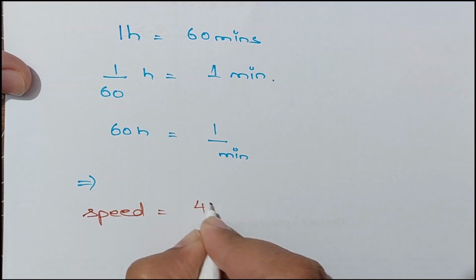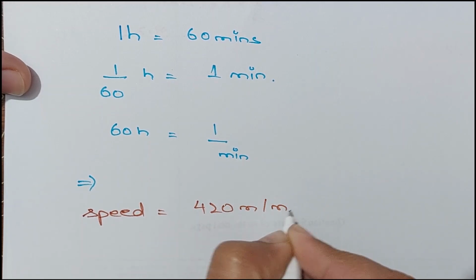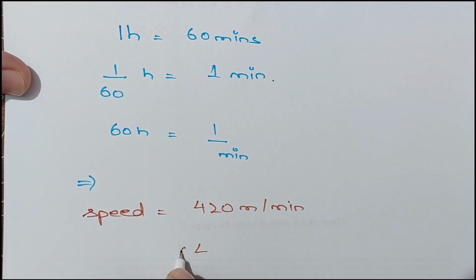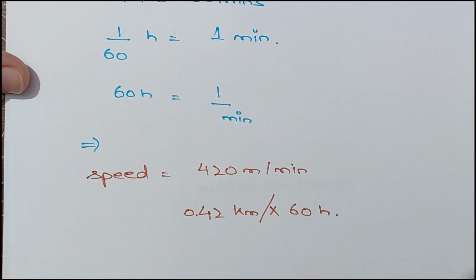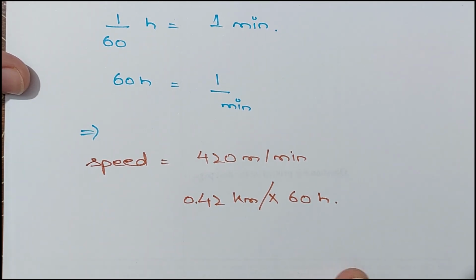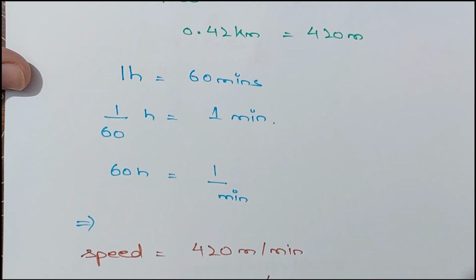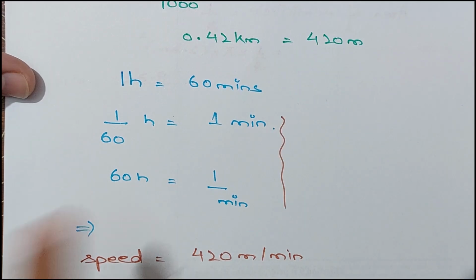is 420 meters per minute, which is 0.42 kilometer per minute, times 60 per hour, right? Let me explain.